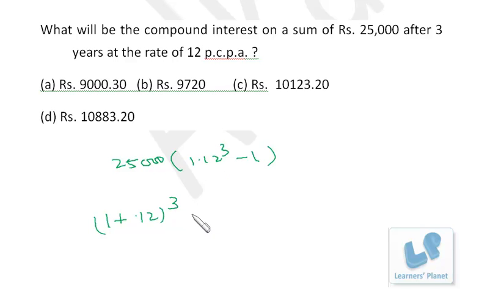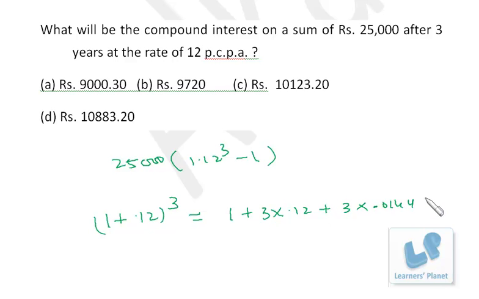So that is 1 plus 0.12, a cube plus 3ab, so 3 into 0.12, plus 3ab square, so 0.0144, and then plus 1.